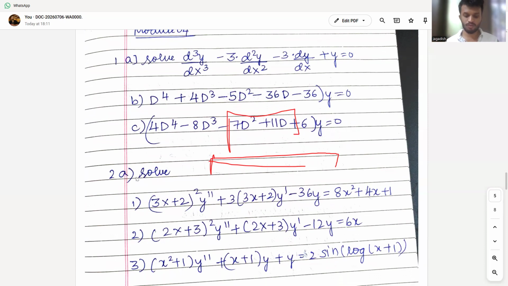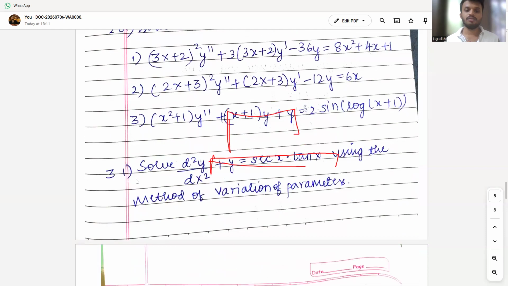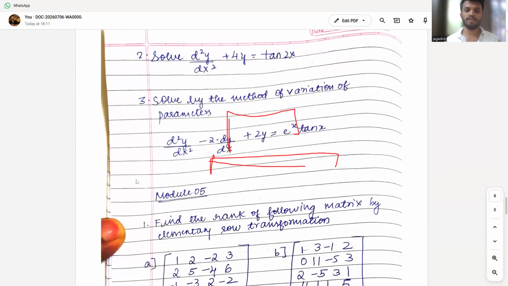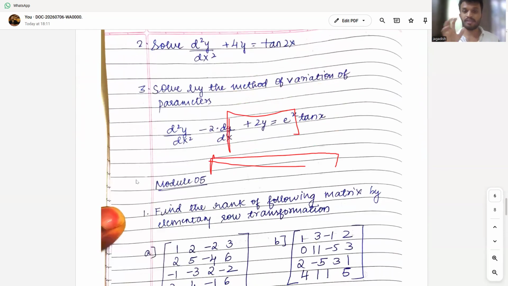This you need to remember, students. Okay, this is very important. So solve for the differential equations. This is also very, very important. Then the method of variation of parameters. So learn, based on module 4, you solve this many topics.